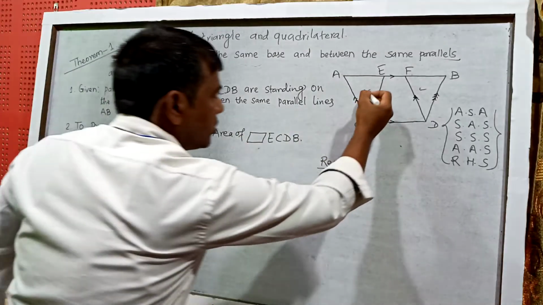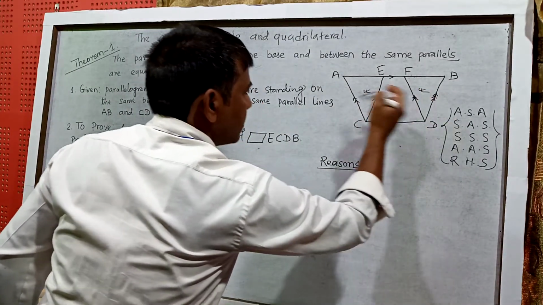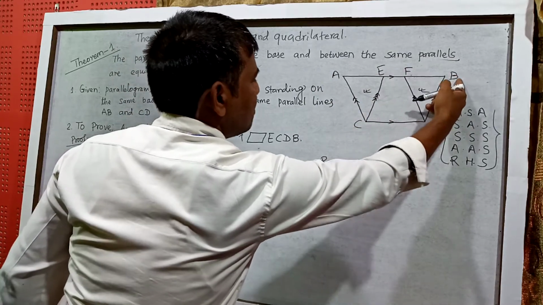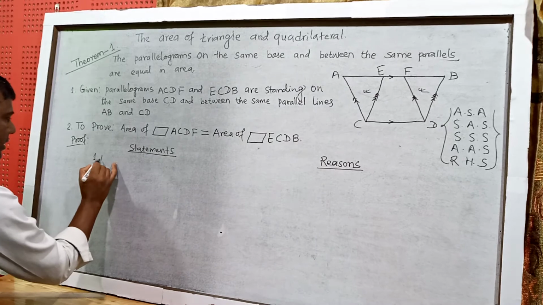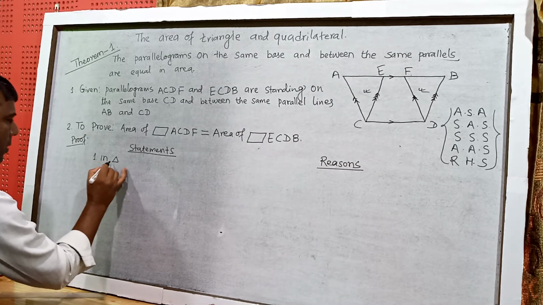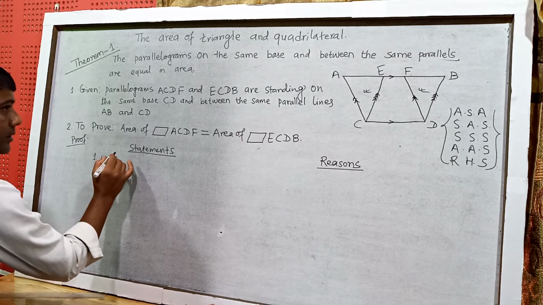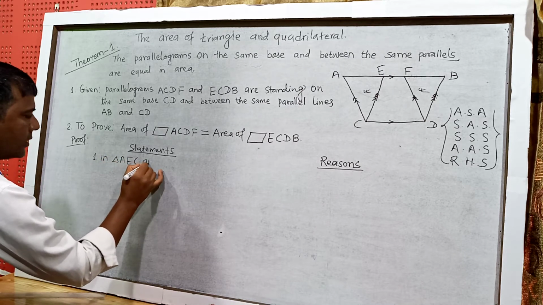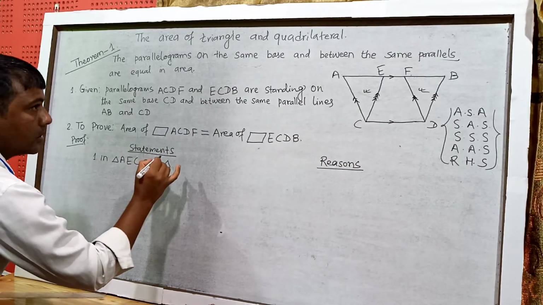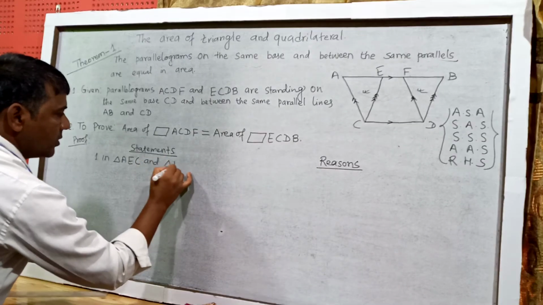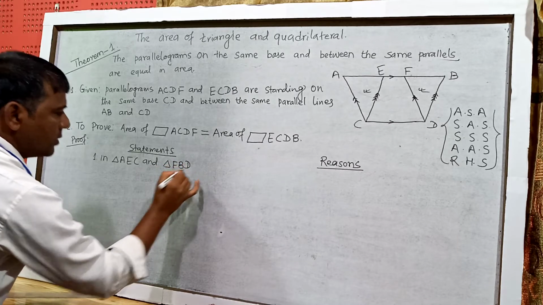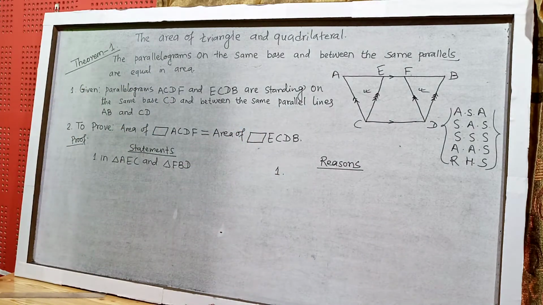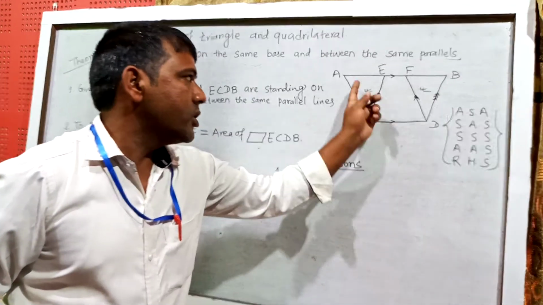Here we should show these two triangles congruent, triangle ACE and triangle FBD. In triangle AEC and triangle FBD, which axiom can we show in these two triangles?